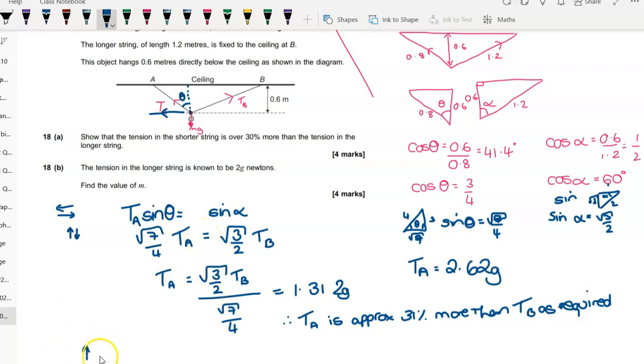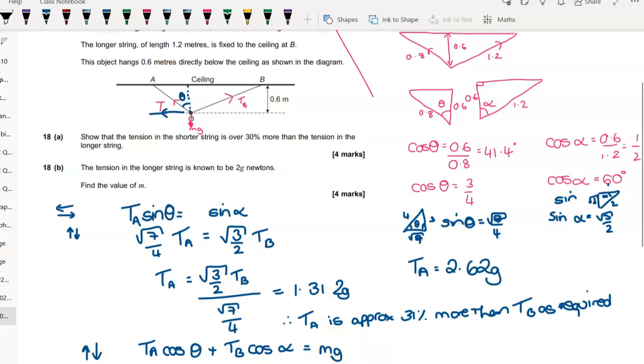Okay, so vertically, going up, you've got TA cos theta plus TB cos alpha. Remember, if we're going vertically, we want this bit here. And because we've measured these angles here, we want the cos of them. And that's got to be equal to what comes down, which is mg.